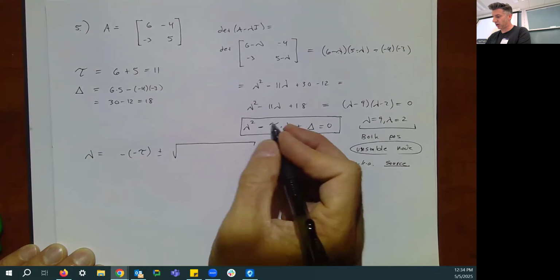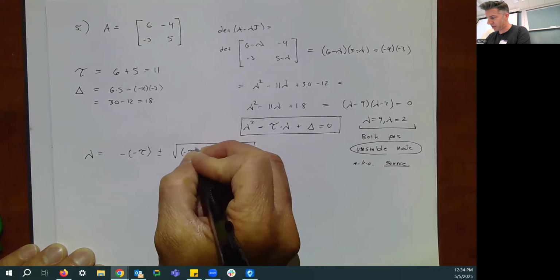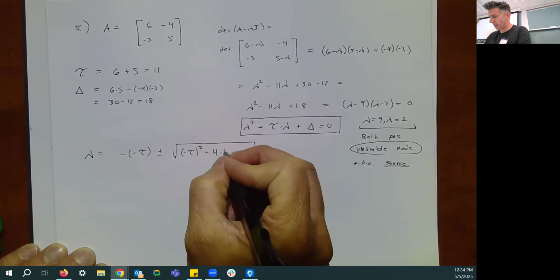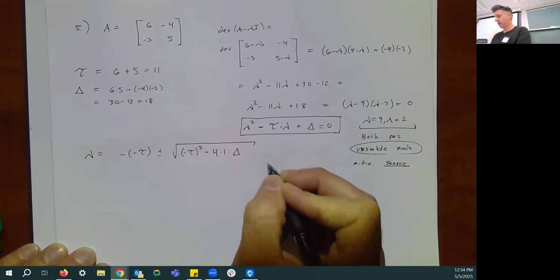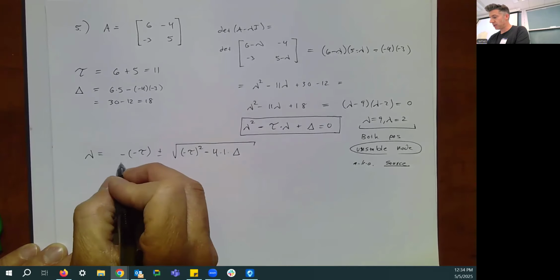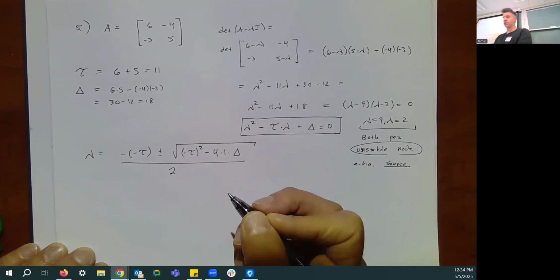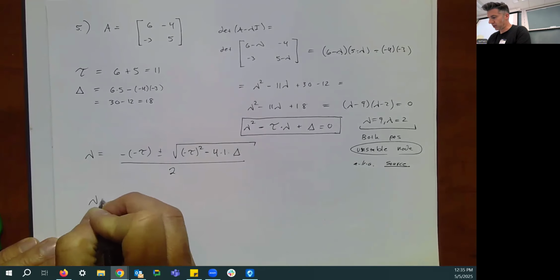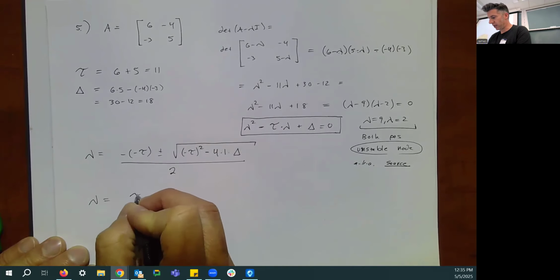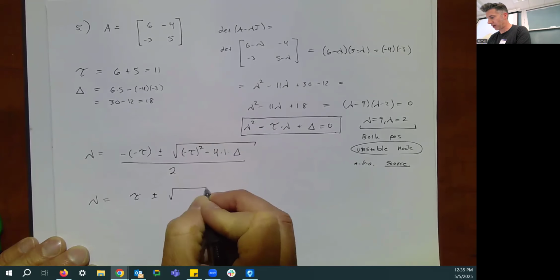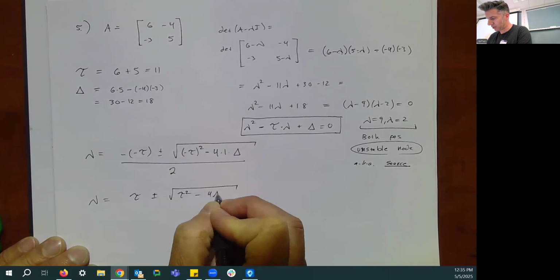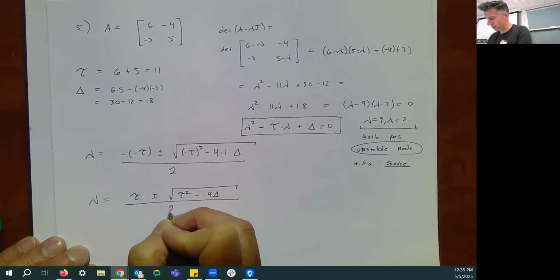Well, my b is the coefficient of lambda, so that's my negative trace squared, minus 4 times a times my c, which is my delta, or my determinant, all divided by 2 times a, which is just 2 times 1. You can rewrite this as just the trace plus or minus the square root of the trace squared minus 4 times the determinant, all over 2.